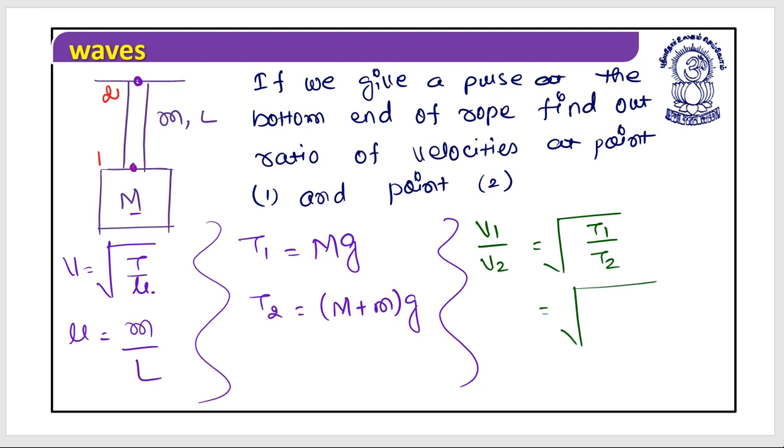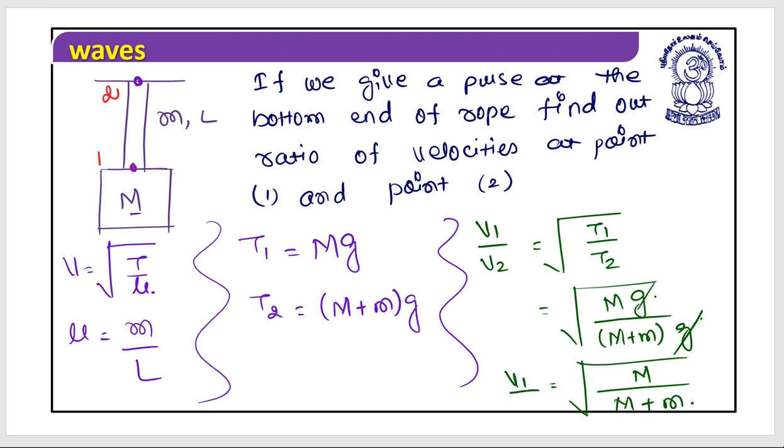This is Mg divided by (M plus m) g, and g has gone. So v1 is to v2 equals root of M divided by capital M plus small m. I hope this is clear.